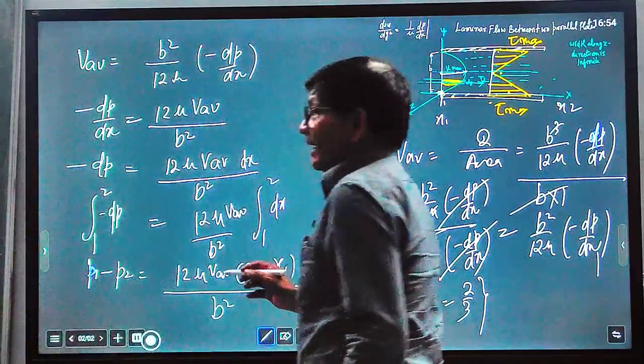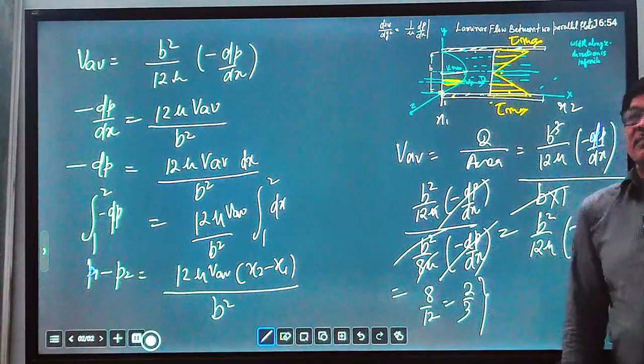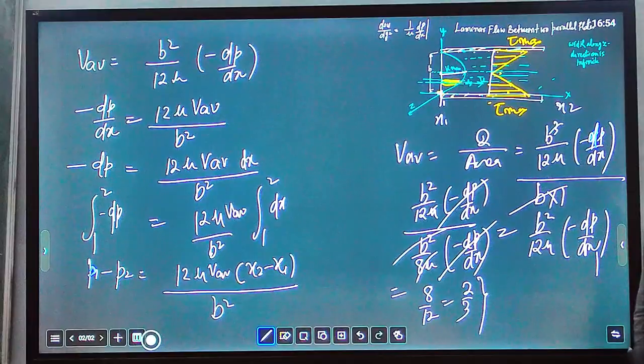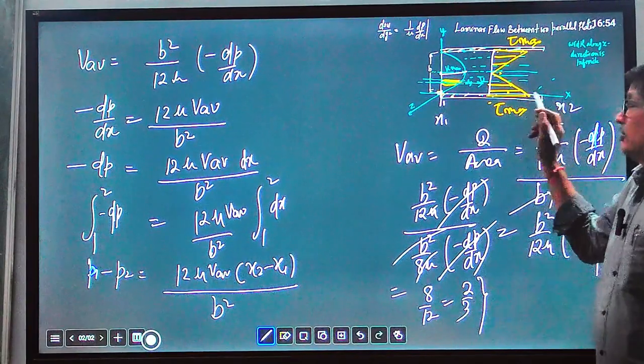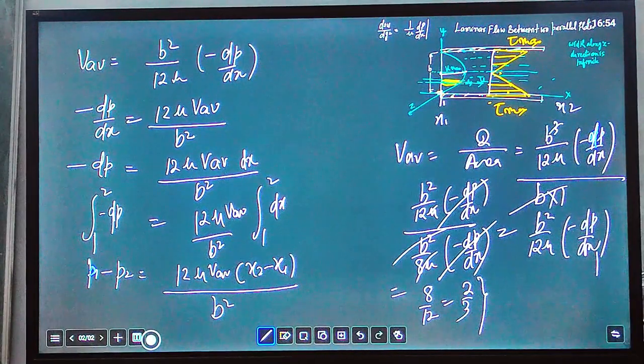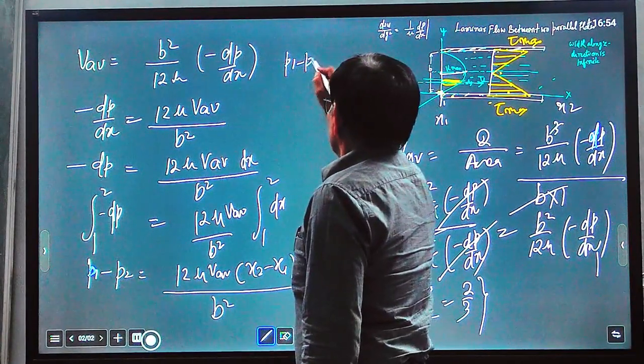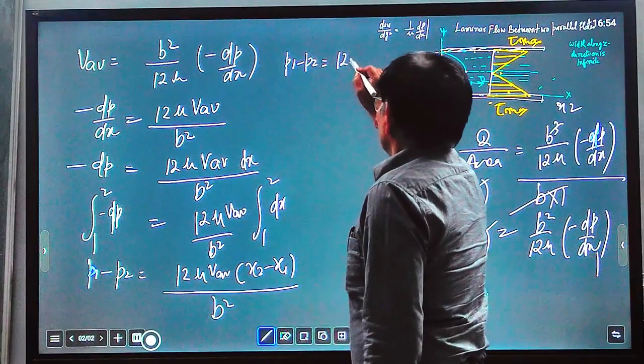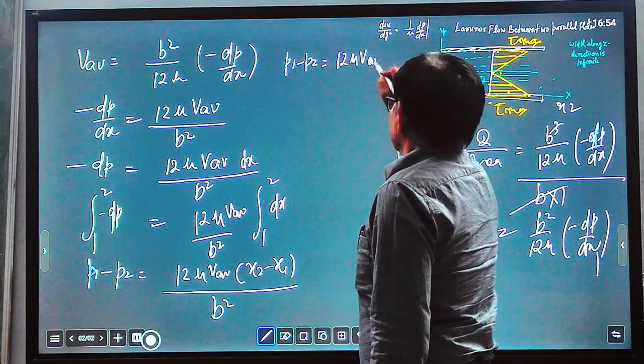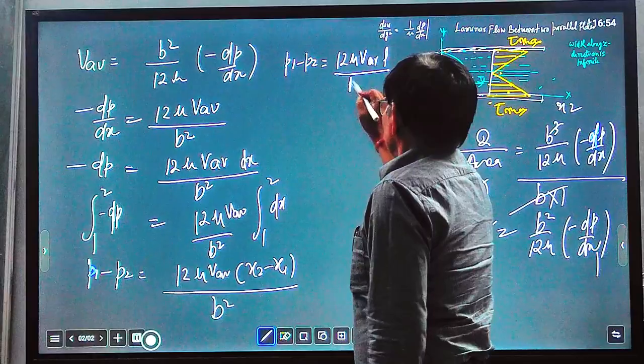This x2 minus x1 we can express in terms of the length of the plate. Between 2 points, x2 minus x1 we can simply define as the length of the plate. So we can simply say P1 minus P2 equal to 12 mu V average into L upon B square.